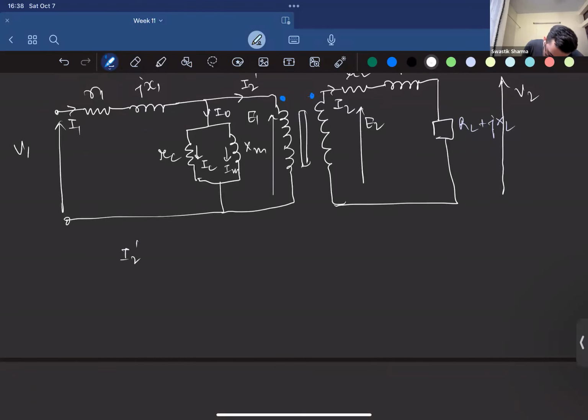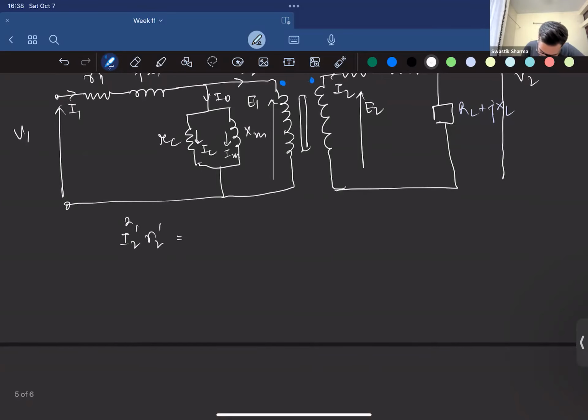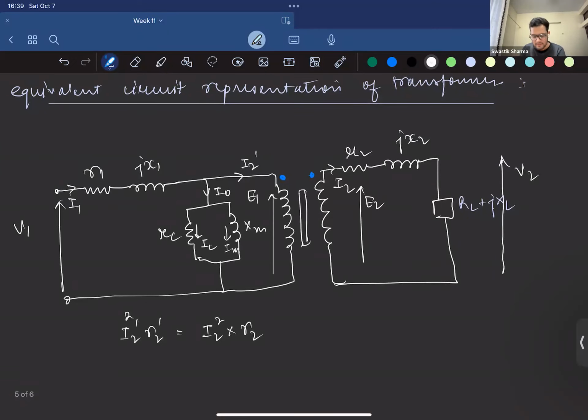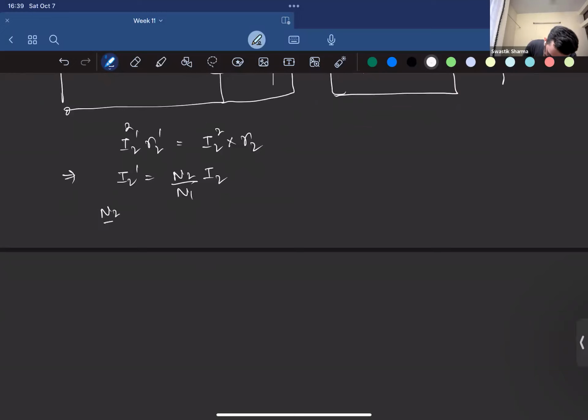So we want to draw an equivalent primary side. Let's say there is some R2 dash at the primary side that I2 dash will be flowing through, right? So the power dissipated in that resistance would be equal to what is being dissipated in the R2 resistance at the secondary side, right? So we know I2 dash is N2 by N1 times I2. N2 by N1 squared times R2 dash is equal to R2.